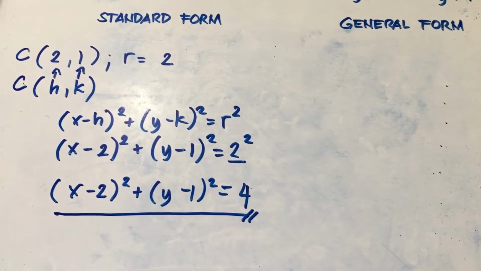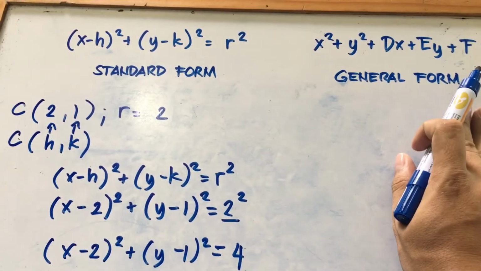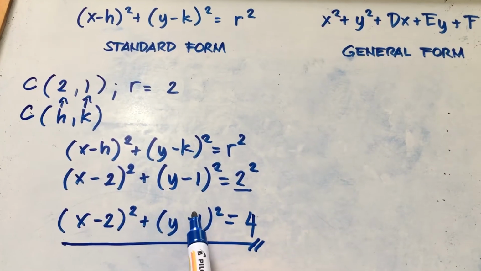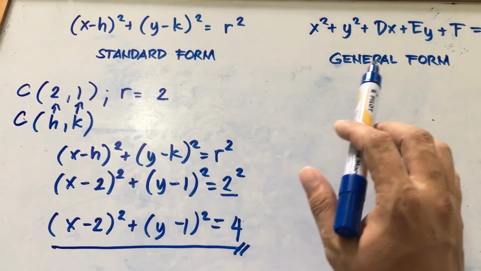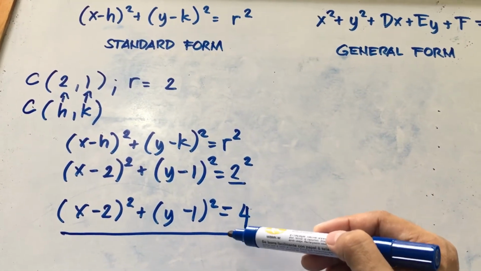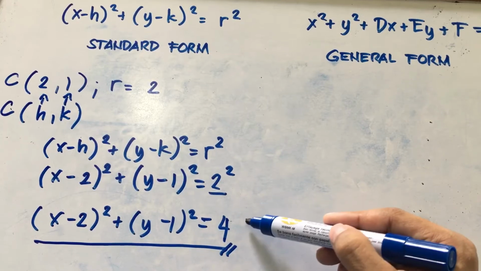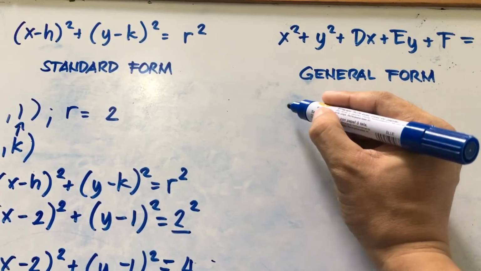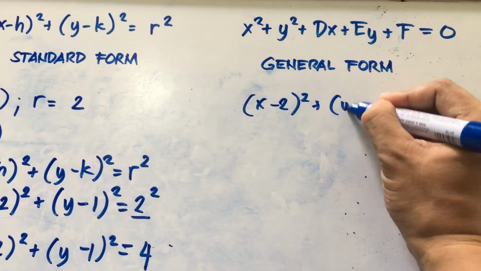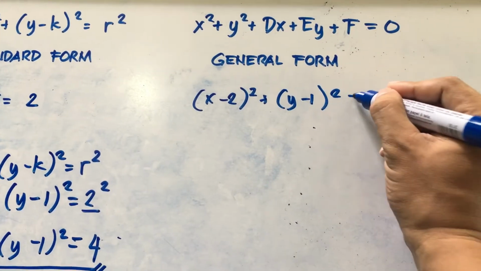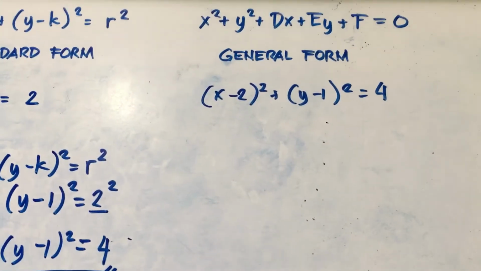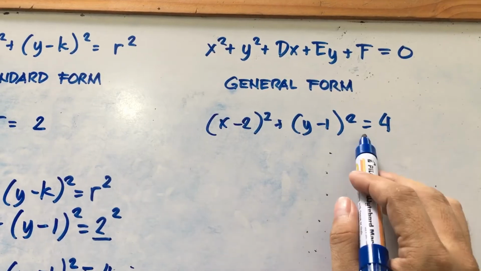So to solve for the general form, you go through the same steps as in looking for the standard form, and then I will write this: (x - 2)² + (y - 1)² = 4.